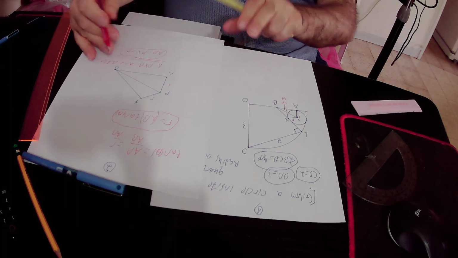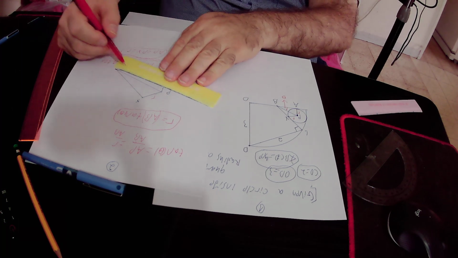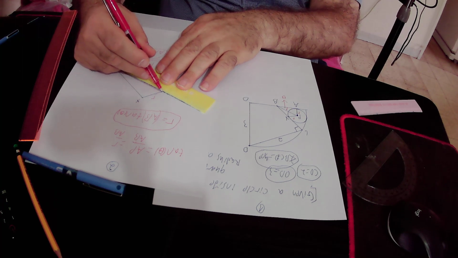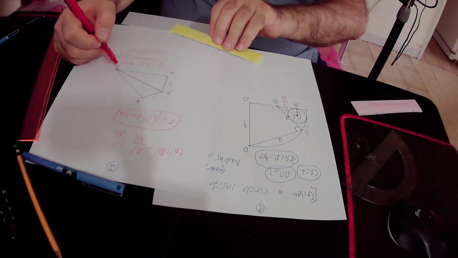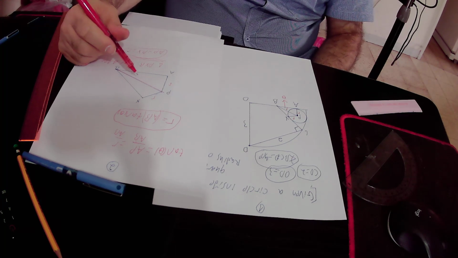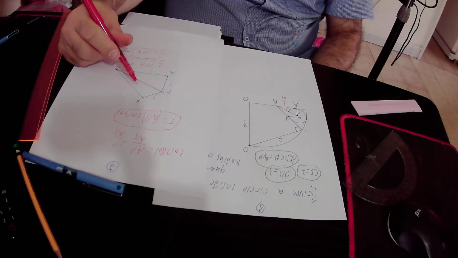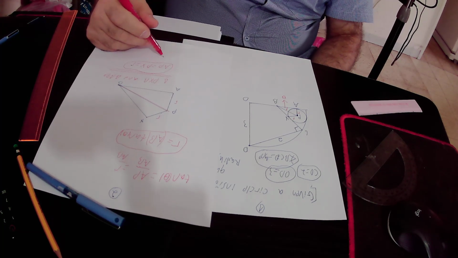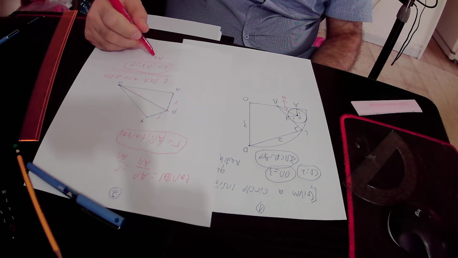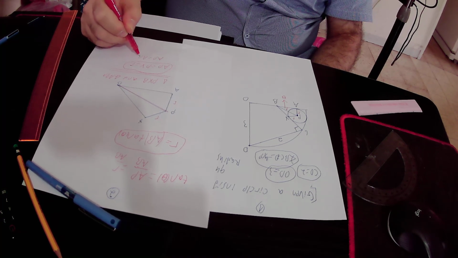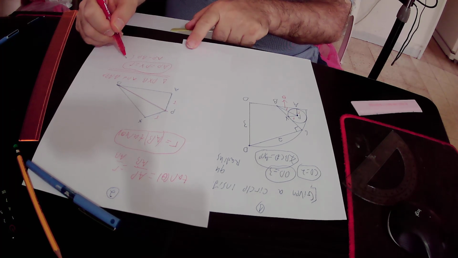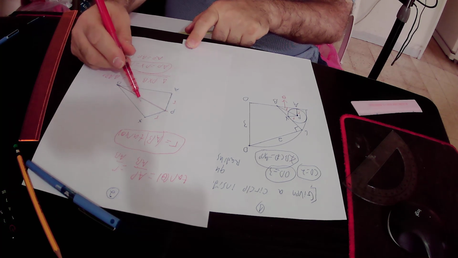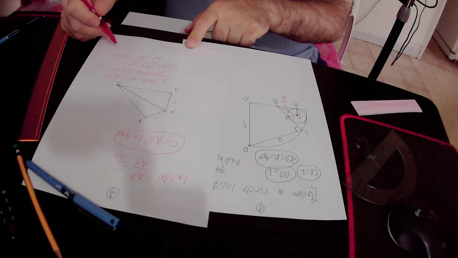And also PB, this side, is a common side. It belongs both to triangle APB and to triangle PBX.